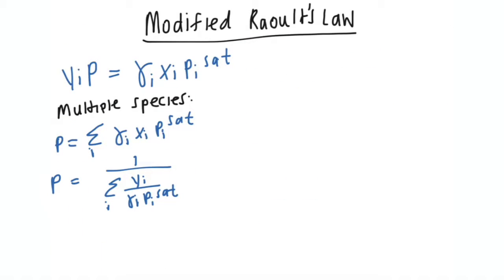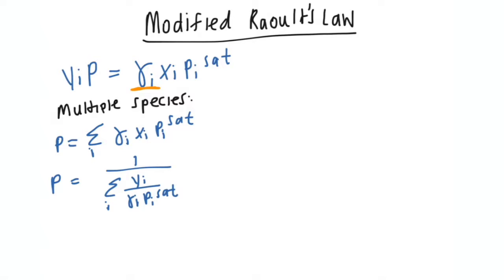The next one is modified Raoult's law. So here, you're going to notice we have a little gamma, so you're going to need a correlation for it. You can't use modified Raoult's law unless you have a correlation for gamma, or if you have everything known and you're looking for what gamma is.